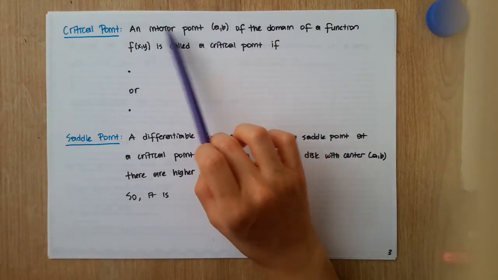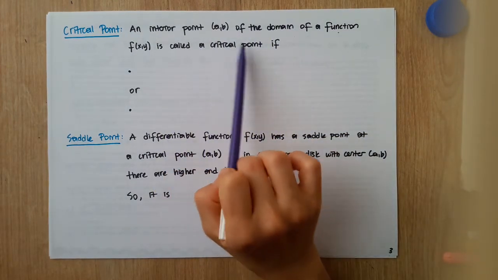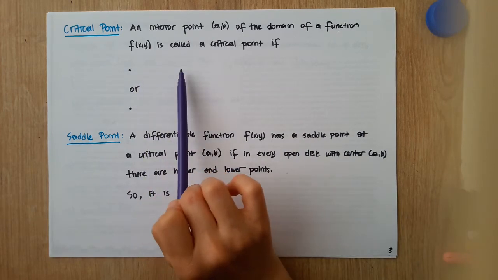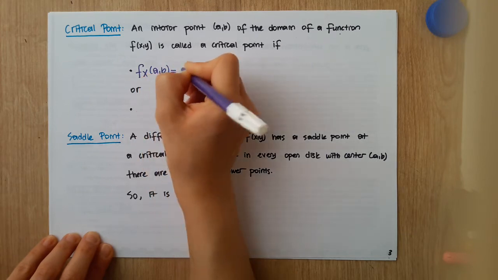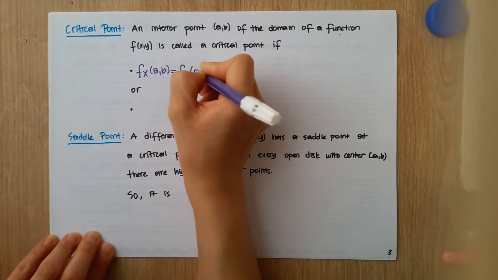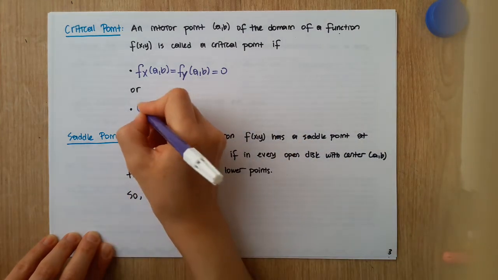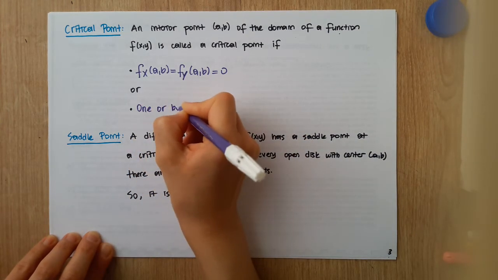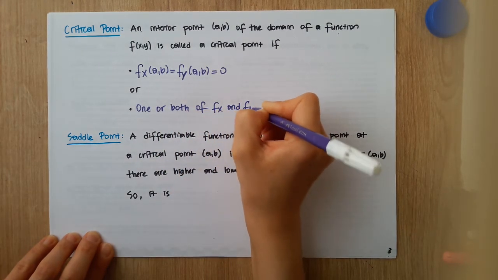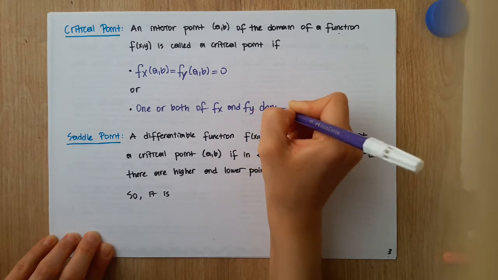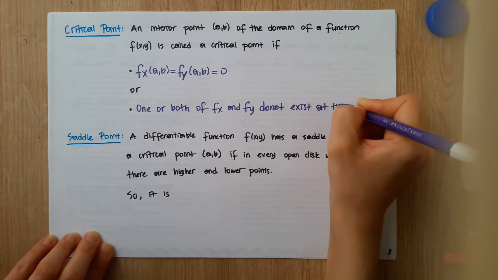An interior point (a, b) of the domain of a function f of x, y is called a critical point if the first partial derivatives at that point are 0 at the same time, or one or both of those partial derivatives do not exist at the point.